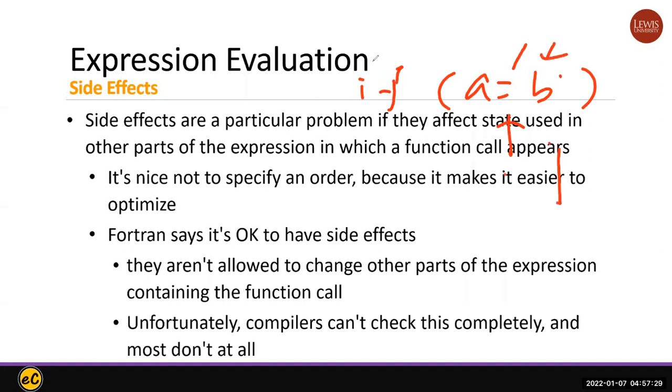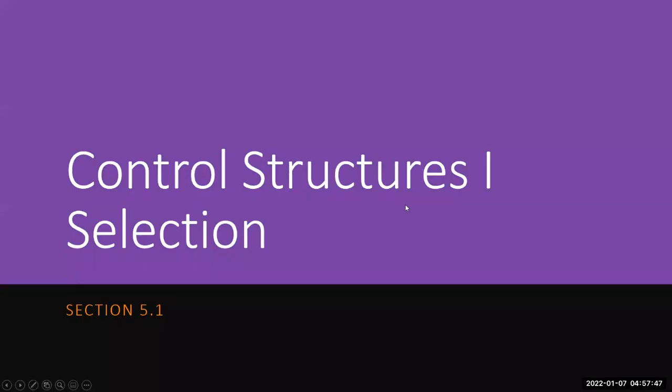So if B is 1, it becomes true. So that may affect your program execution. That's some sort of side effect that we don't like. Okay, so Fortran says it's okay to have side effects. Anyway, side effects happen in imperative programming, and some languages do like it.